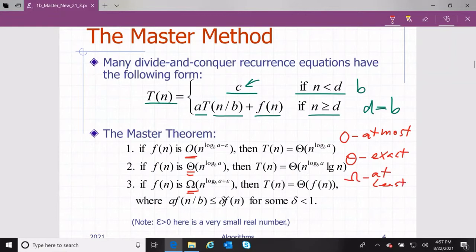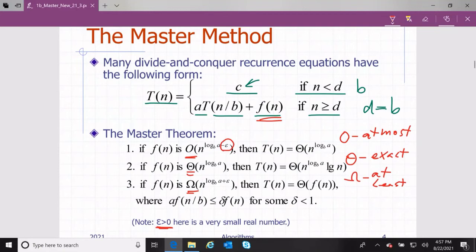The first statement says if f(n) is a little bit smaller than n to the power of log base b of a, we use minus epsilon. Epsilon is greater than 0, a very small number. Let me repeat.